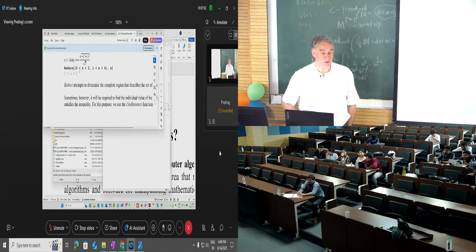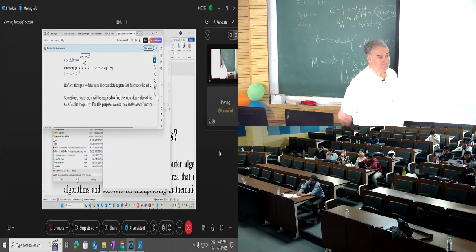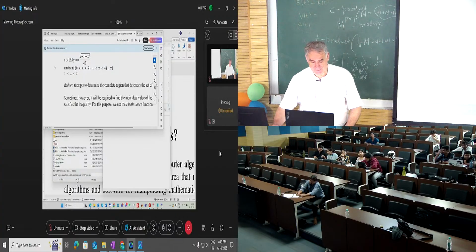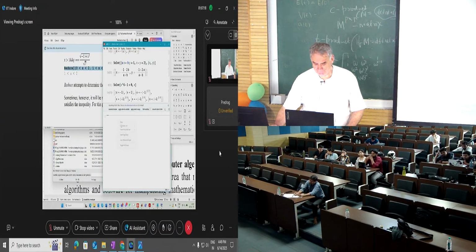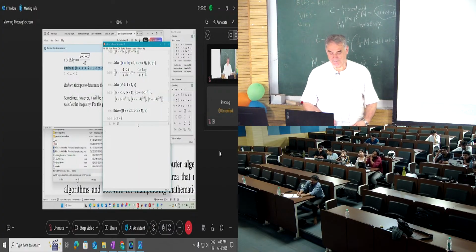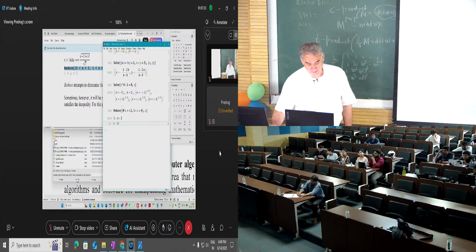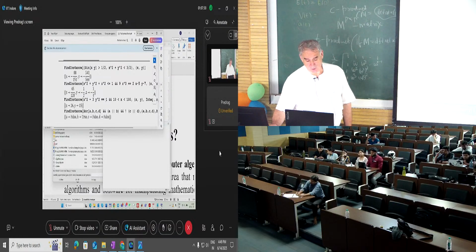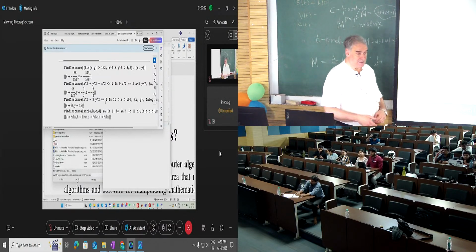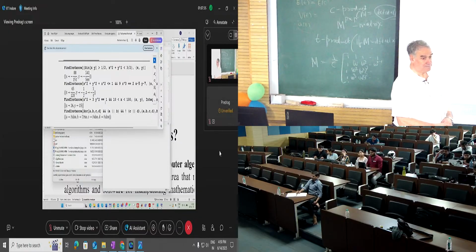Reduce is able to solve a system of inequalities. We will try with one system of inequalities. There is the function FindInstance, applicable to a system of equations and a system of inequalities.